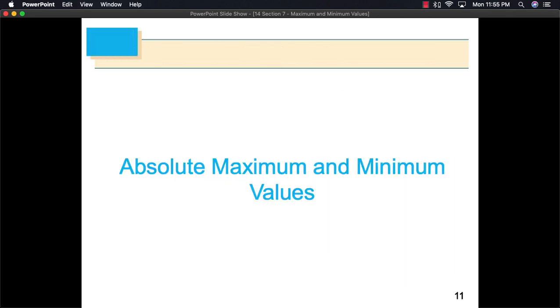All right, so now we're going to take a different turn and talk about absolute maximums and absolute minimums. Now, there are some similarities to finding local maximums and minimums, but there's an extra twist to it. But the nice thing about finding absolute maximums and minimums is that there's, in some ways, less work, but in other ways, there's more work.